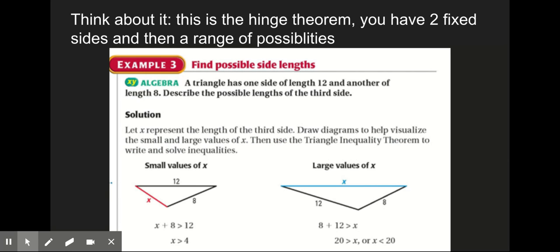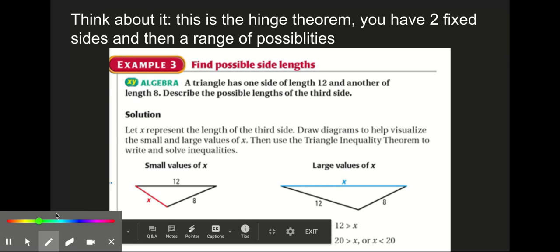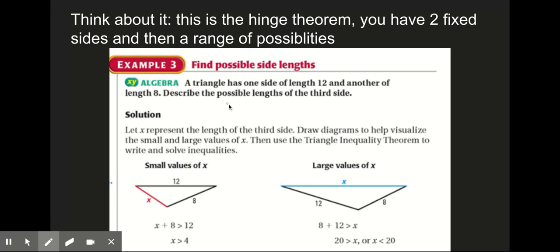All right. Now, what does this look like in a problem? How does this get challenging? Is that I'll give you basically two constraints, right? So here's the constraints. You have a side of 12. You have a side of 8. And I say, what's the possible range for that third side?